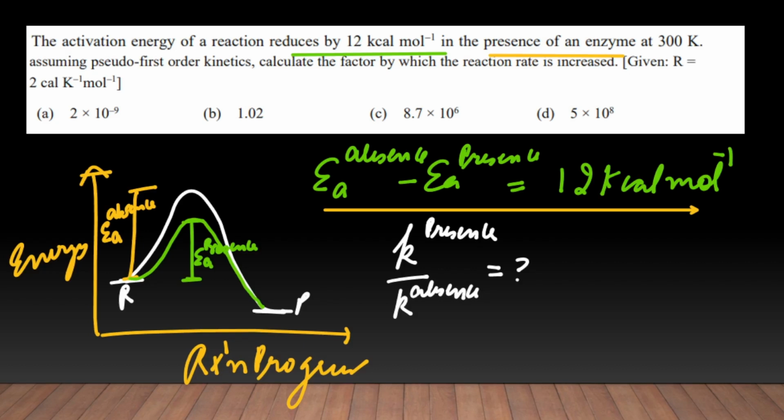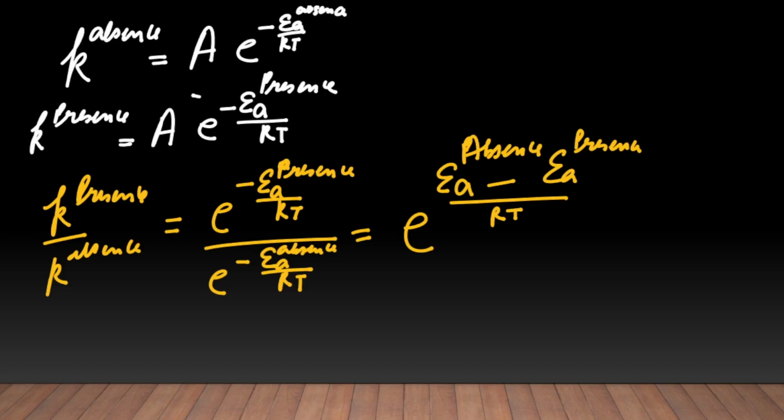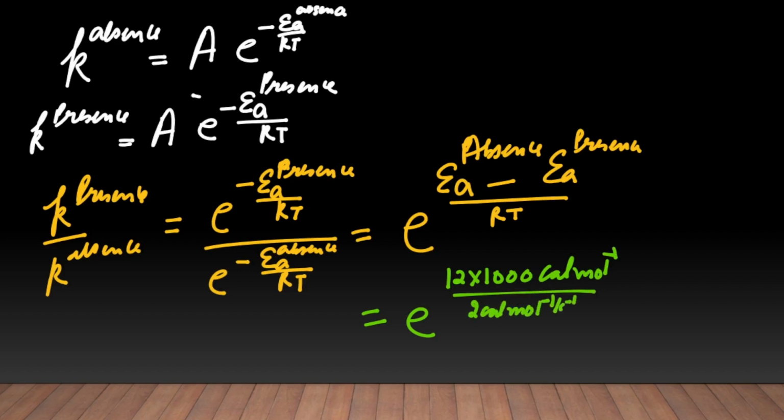Let us just substitute this. It will be e raised to the power of 12 kilo, so 1000 calories per mole, upon R, which is 2 calories per mole per Kelvin, into the temperature, which they have taken as 300 Kelvin.